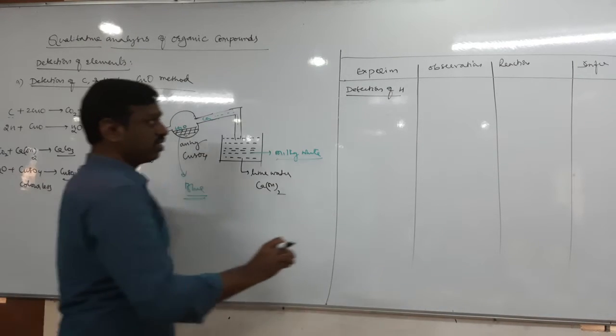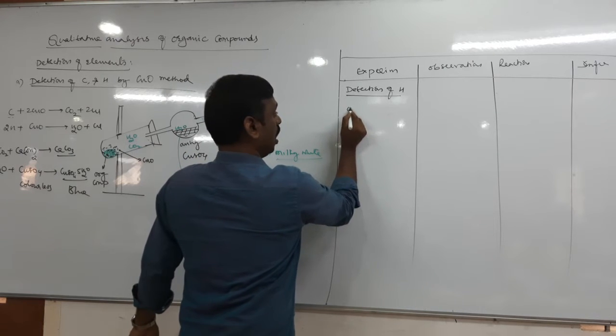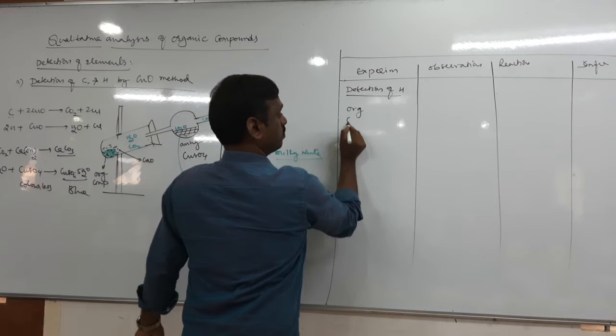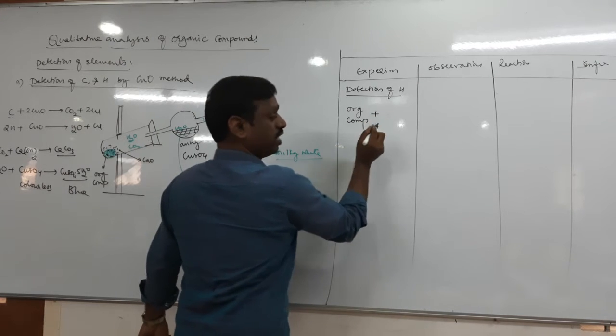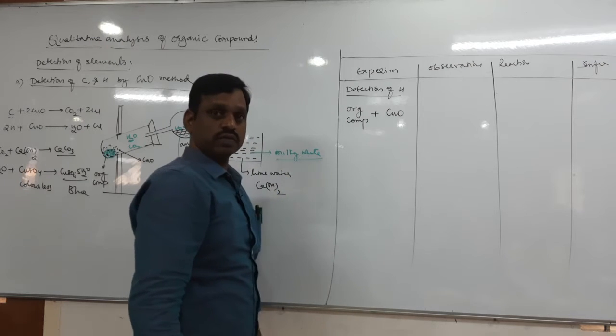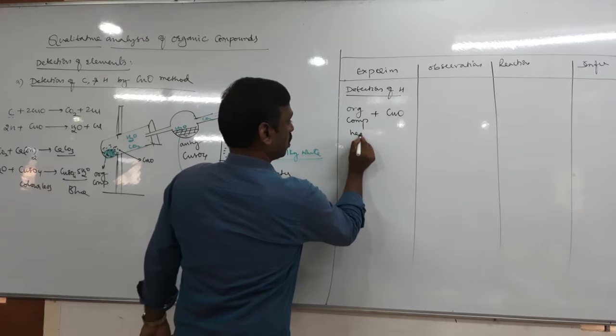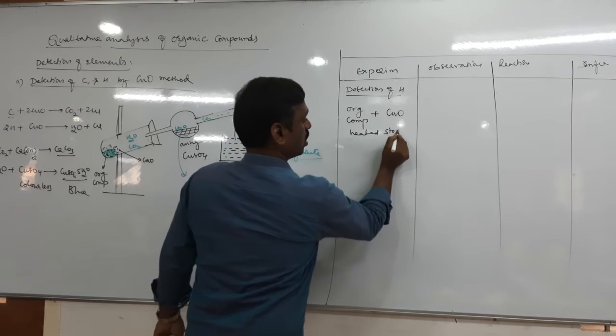So in the detection of hydrogen, what is the experiment? The organic compound is heated with what? Copper oxide. So organic compound plus copper oxide, heated strongly.